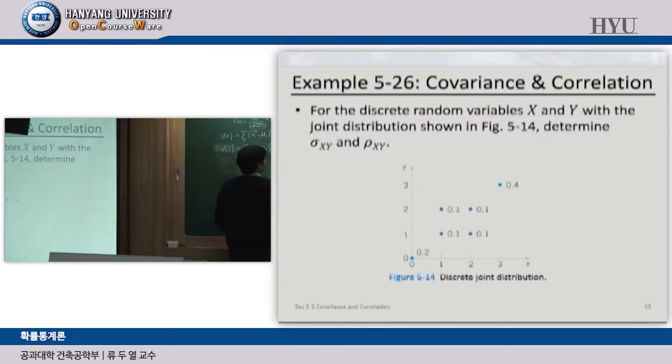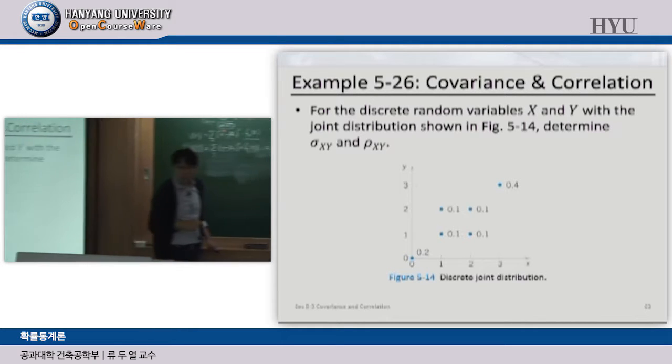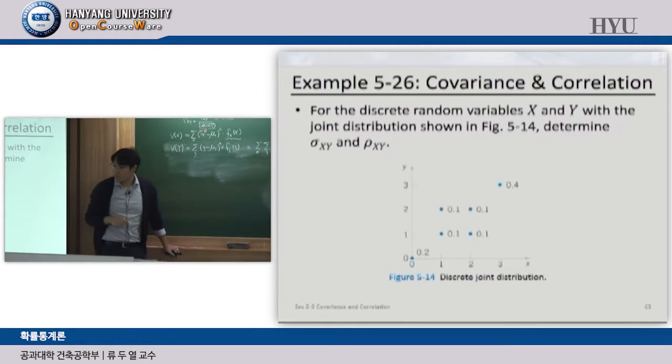And this also can be expressed by the double summation, over x and over y, of y minus mu y squared by the joint probability mass function xy, right? Okay.